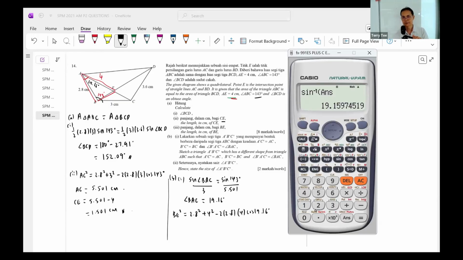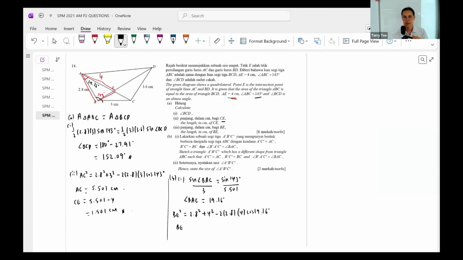Okay, calculator, 2.8 square plus 4 square minus 2 times 2.8 times 4 times cos 19.16. So whatever I'm getting here, square root, answer 1.637. Okay, guys, I got my BE.